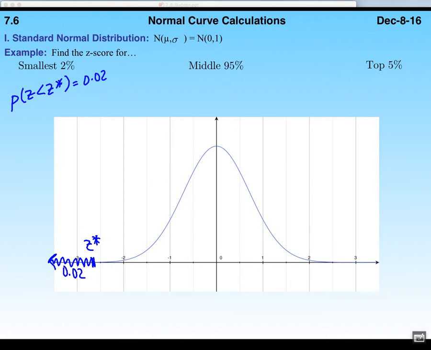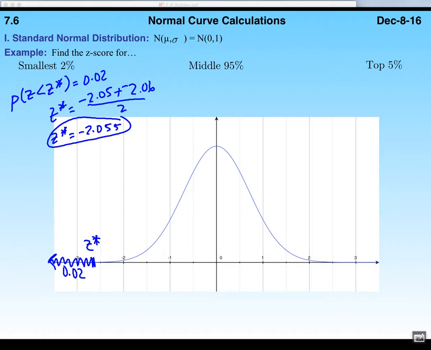Dexter? Negative 2.05. It looks like it's between negative 2.05 and negative 2.06. Anytime your value is between the two, you just average them. So z star is the average of negative 2.05 and negative 2.06, about negative 2.055. That's just an approximation, but it's close enough for us.